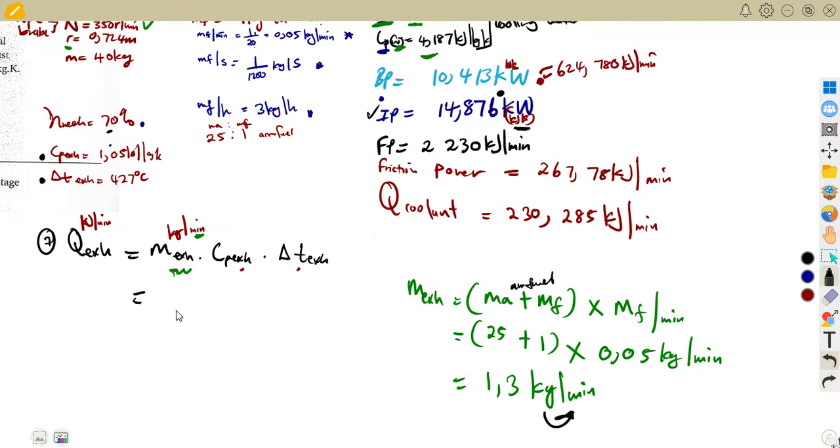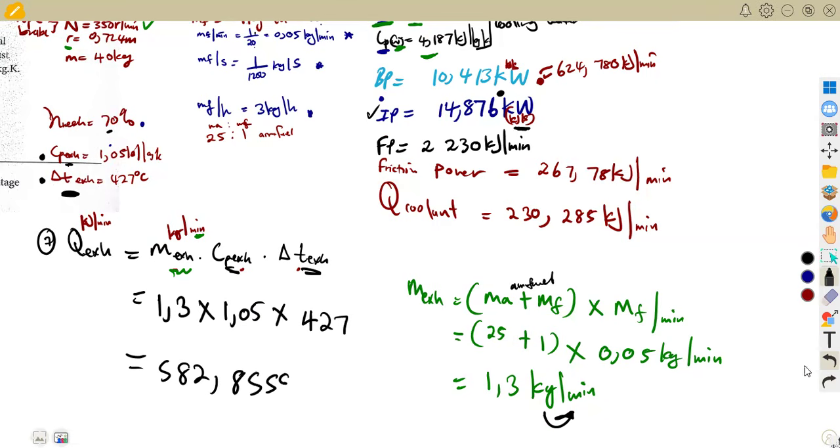So that will be 1.3 times the specific heat capacity of the exhaust gases we are given there, 1.05, times the change in temperature for the exhaust. The rise there was 427 degrees Celsius. So we are going to obtain 582,855, which is in kilojoules per minute, as I said before, because this is kilograms per minute.